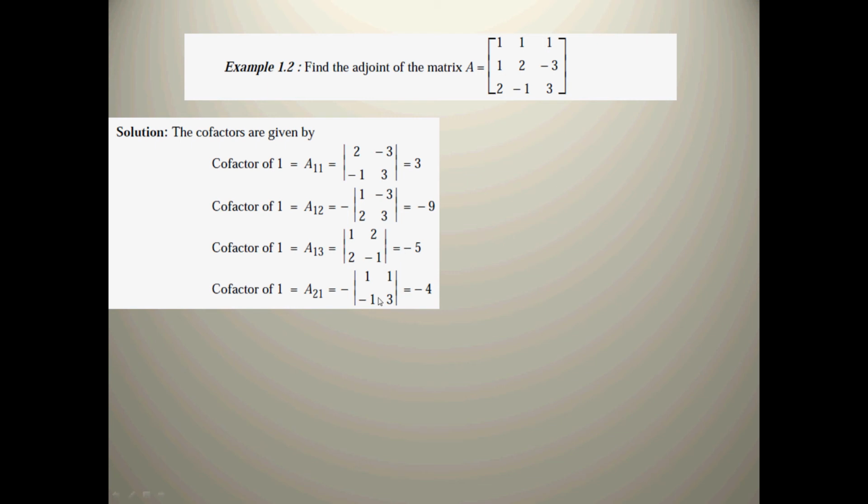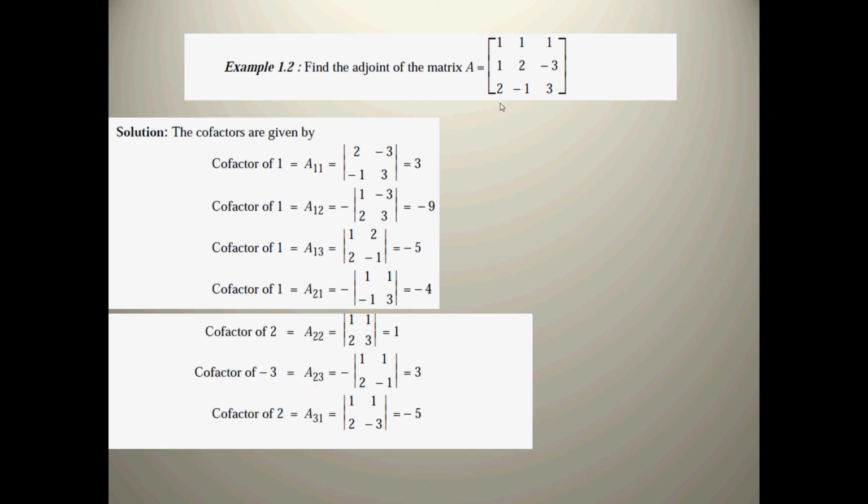Similarly, the cofactor of 1, A21, that is the element in the second row and the first column, this one. So you leave this column and this row: 1, 1, minus 1, 3, and it should be considered with the negative symbol. That is the negative of this determinant you have to consider, which is minus 4. You see this 3, minus of minus 1 is 4, plus 4, but there is a minus symbol outside, so you will get minus 4.